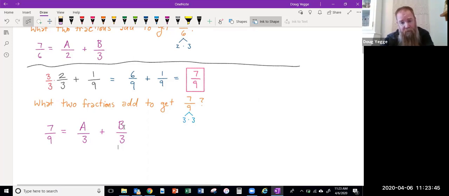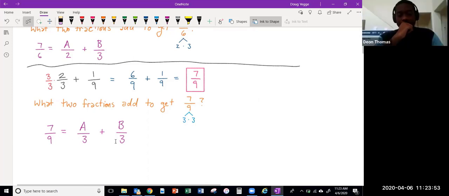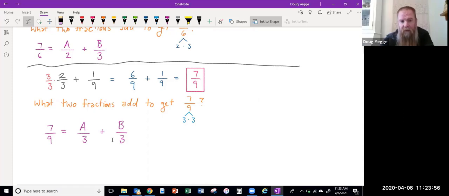Okay, that's true, I may not have whole numbers in the numerators. Secondly, wouldn't that mean that I would never be able to get a 9th on the bottom? Because if I already have two denominators of 3, then by adding them together, I should get a denominator of 3, not 9.